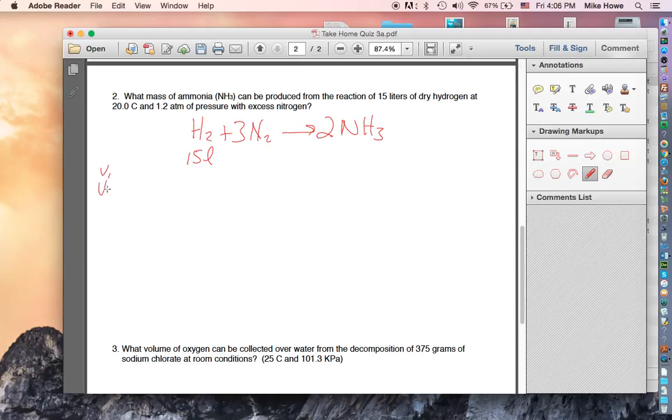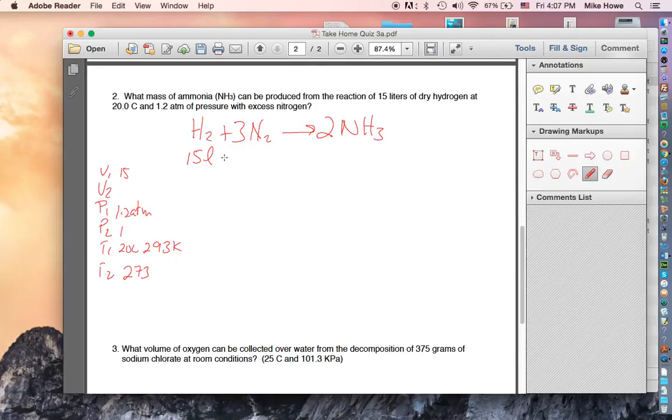So you got V1, V2, P1, P2, T1, T2. Since this 15 liters is at lab conditions, you could say it's 15 liters at 1.2 atmospheres and at 20 degrees C, which is really 293 Kelvin. You could change it to standard, 273, and change the pressure to standard at 1.